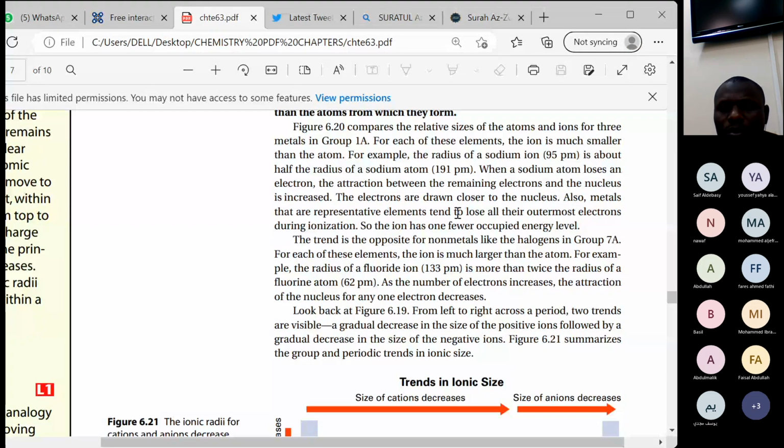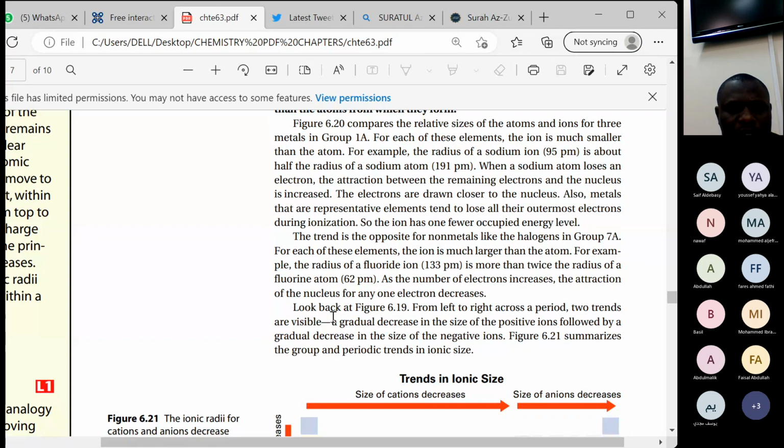The electrons are drawn closer to the nucleus. Also, metals that are representative elements tend to lose all their outermost electrons during ionization. So the ion has one fewer occupied energy level.